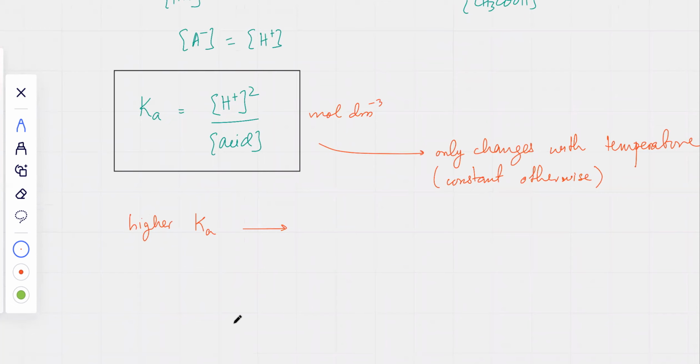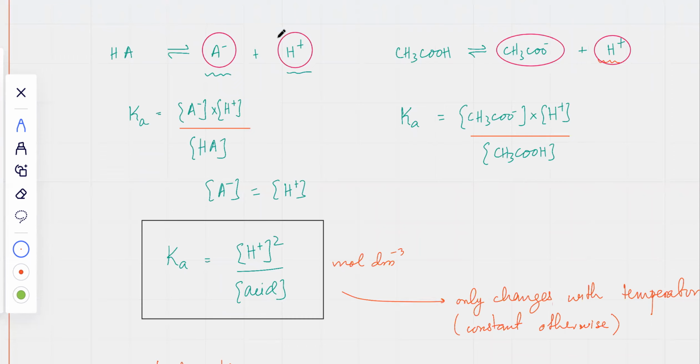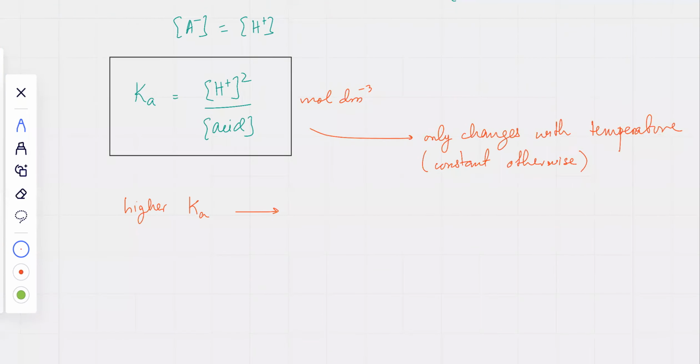Strong acid, yes, because there's going to be more products. K is the concentration of products divided by reactants, so if more of these ions are produced, it's obviously a stronger acid. Vice versa, a lower or smaller value of K indicates a weaker acid.